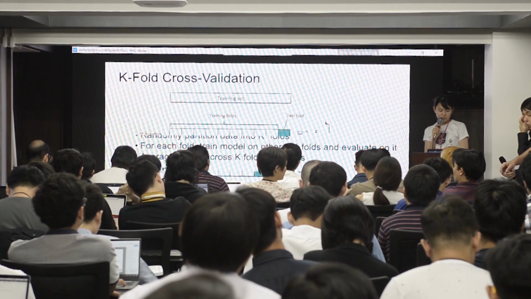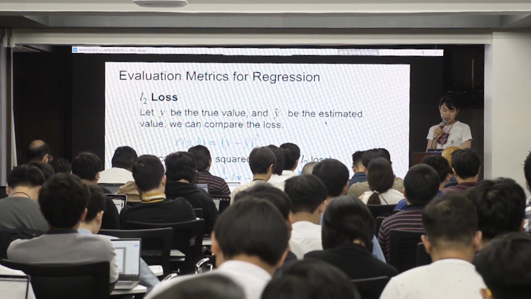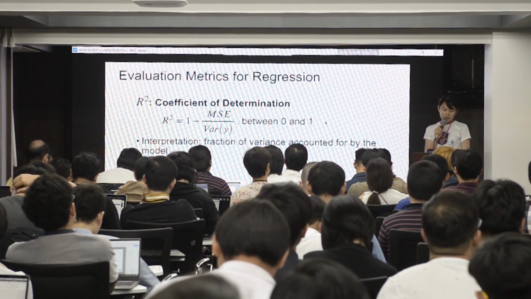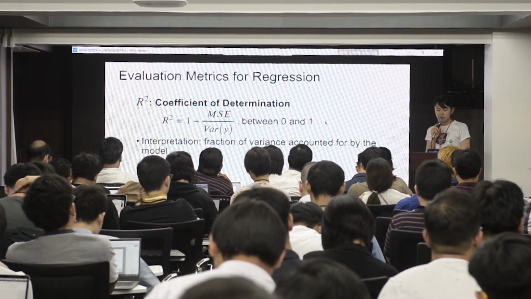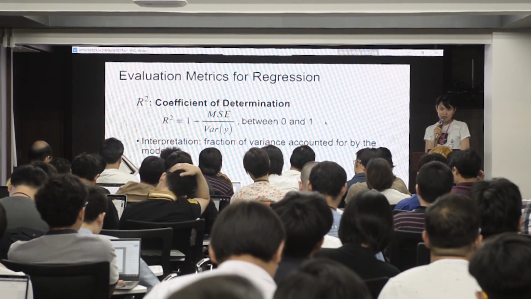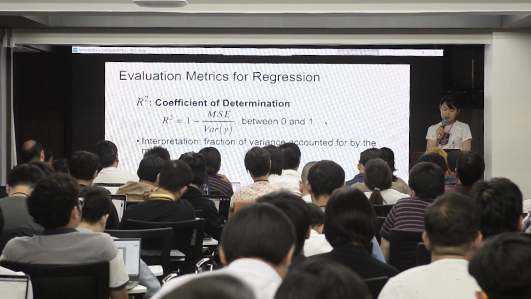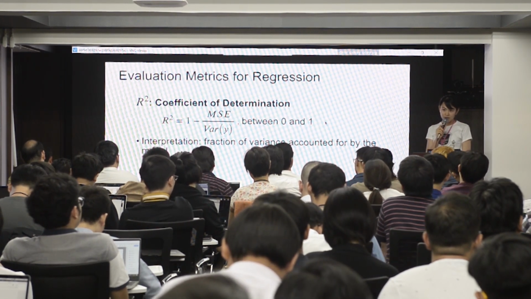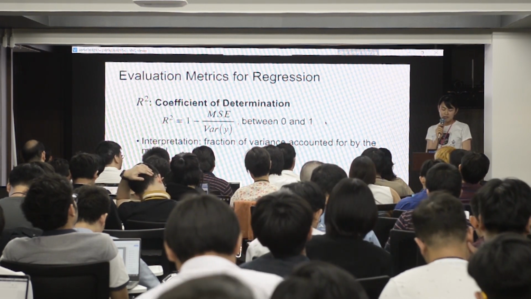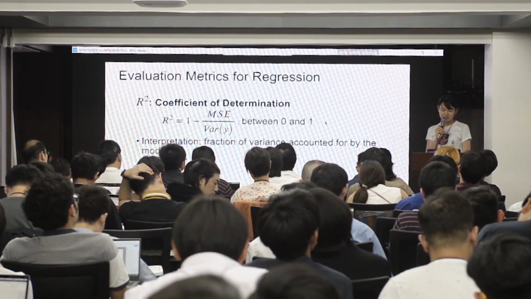After L2 loss, another useful metric for regression is the R-square, the coefficient of determination. You can interpret it as the fraction of variance accounted for by the model, which is 1 minus MSE divided by the total variance of y. This R-square should be between 0 and 1. If you're using a scientific package in Python, probably scikit-learn, you may find an R-square that is smaller than 0.